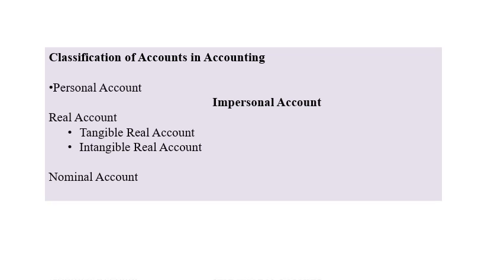All the expenses, for example stationery expense, miscellaneous expense, all these expenses come under the nominal account. So mainly there are 3 accounts: personal account, real account, and nominal account. And we have classified these accounts, and on the basis of these accounts we have to frame the rules of debit and credit.